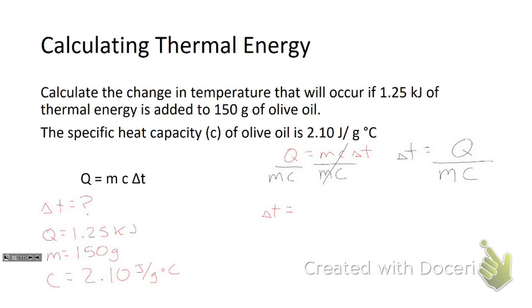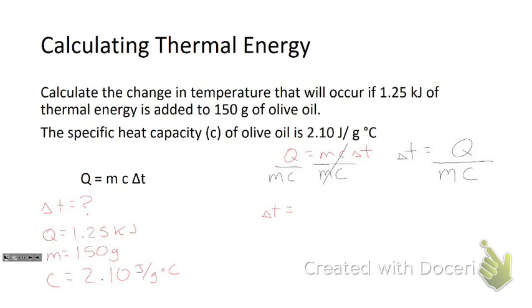I want you guys to look at our Q, in particular the units on our Q and the units on C. What do we have here? This is kilojoules, and this is in joules. Yeah, so we need to fix this, okay? How do we fix that?